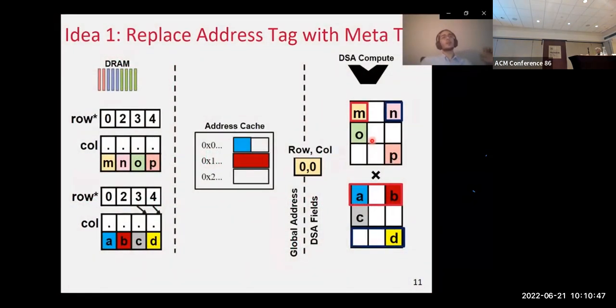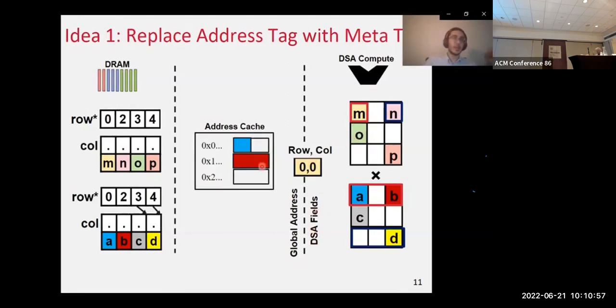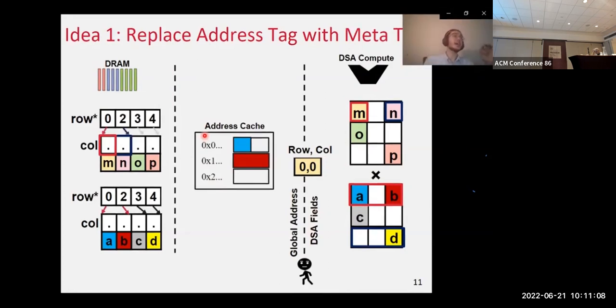So, about the first idea. As I said before, DSAs work with DSA fields, row and column in this example. On the other hand, DRAM and cache work with global addresses. So we always have to do some address translation or even address generation for getting the value that we need.